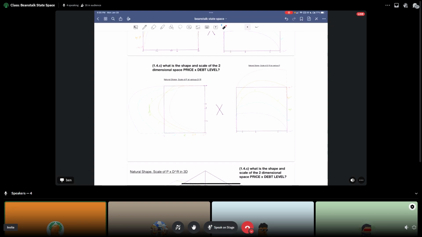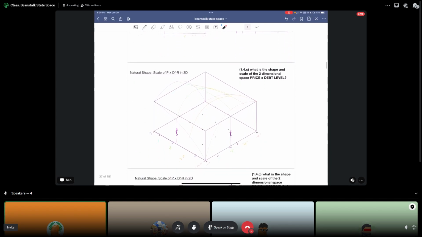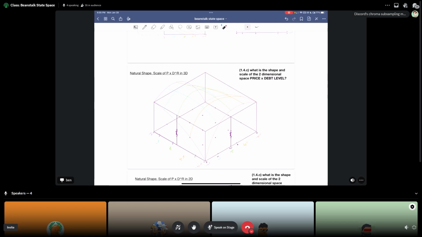And it's actually the same trend illustrated here. So we can somewhat intuitively stitch the space together, and this is what we get. Here we see the very low debt level line.